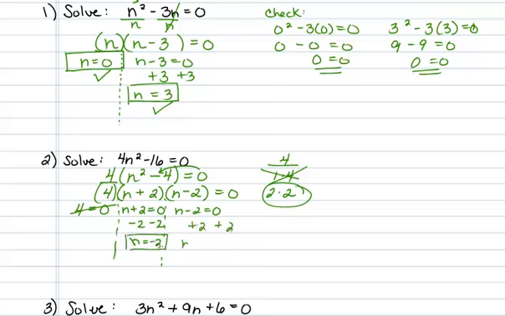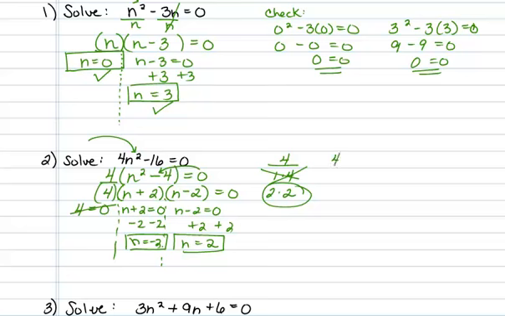And keep in mind, this one was an n squared in the beginning. So there really only should be 2 answers. They might not be different answers, but they should be 2 answers. Turns out they are different. So the 4 really doesn't have anything to do with the final answer.